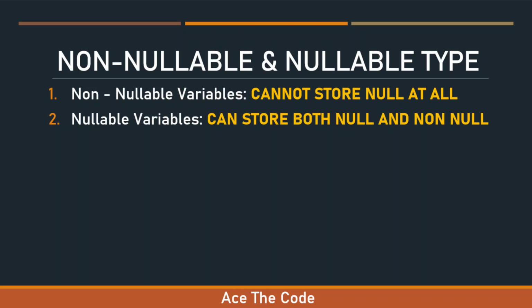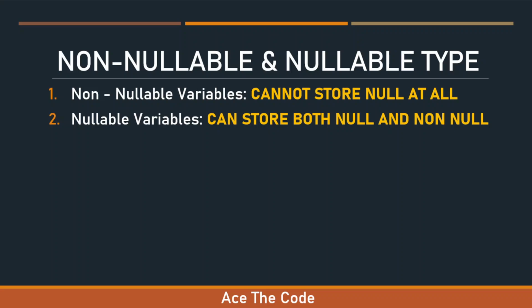In Kotlin, we have non-nullable variables and nullable variables. Let's try to understand non-nullable variables. Non-nullable variables are those which cannot store a null value at all.